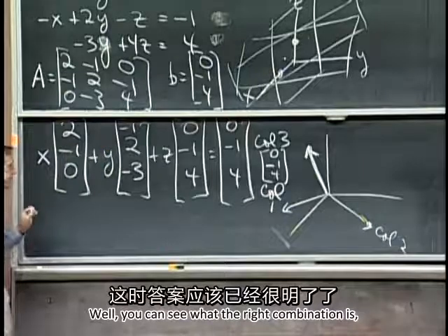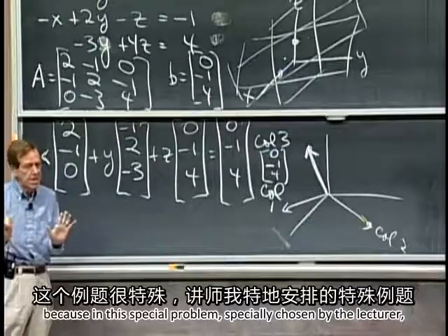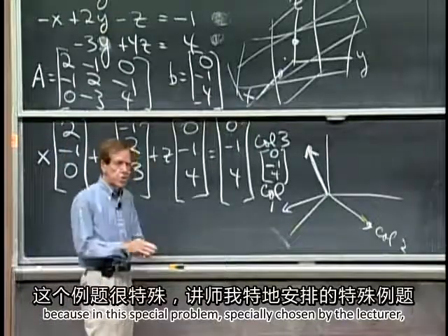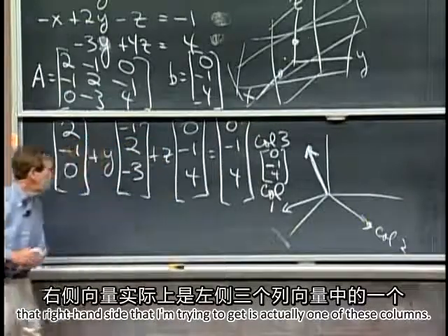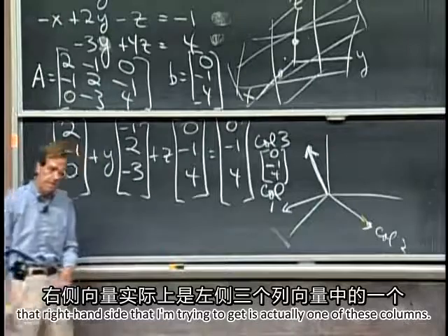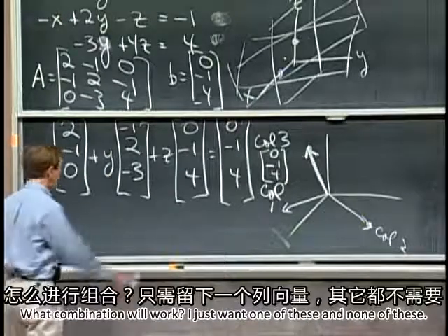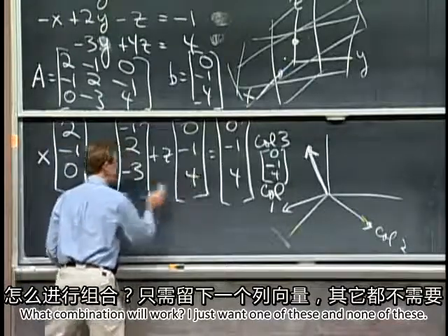Well, you can see what the right combination is, because in this special problem, specially chosen by the lecturer, that right-hand side that I'm trying to get is actually one of these columns. So I know how to get that one. So what's the solution? What combination will work? I just want one of these and none of these.